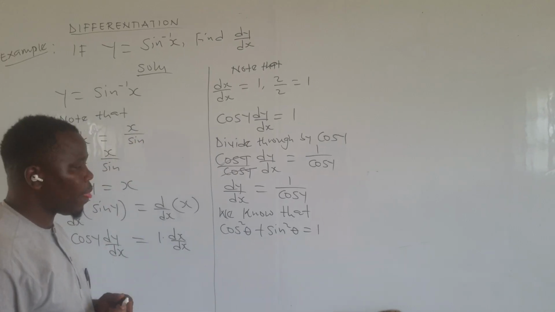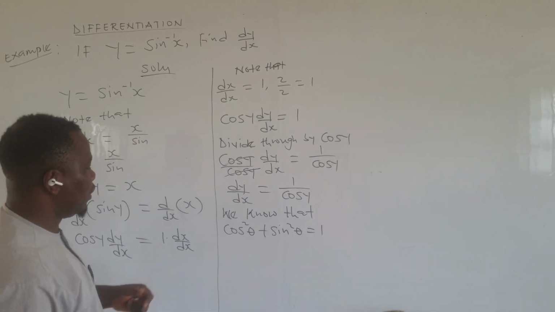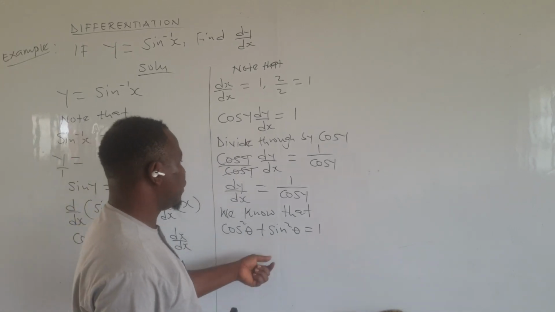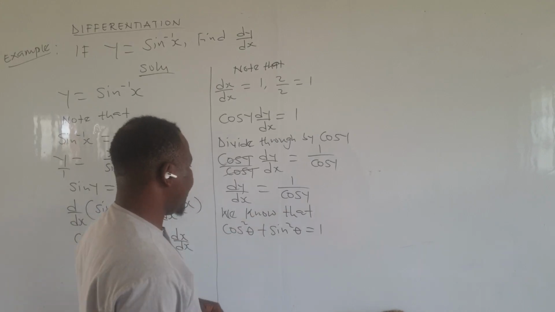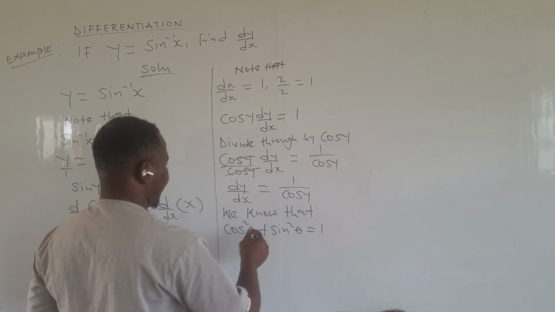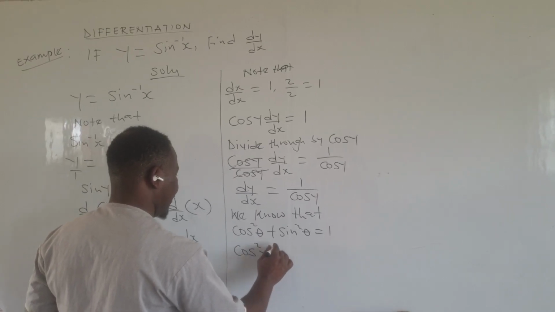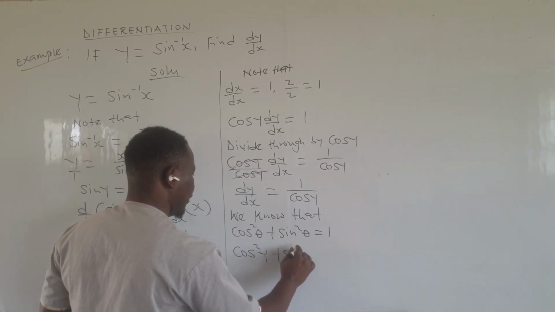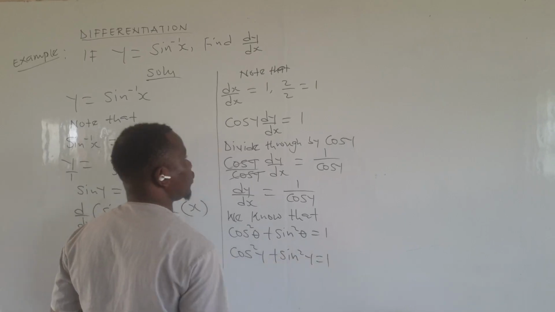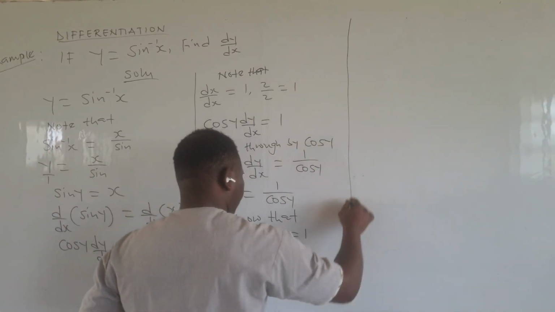True or false? Since we are not talking about an angle, since here it is y, instead of theta we are going to write cos squared y plus sine squared y is equal to 1. Do you agree with me?